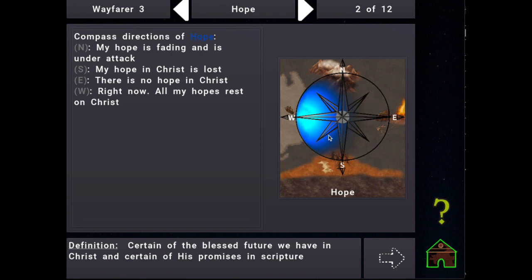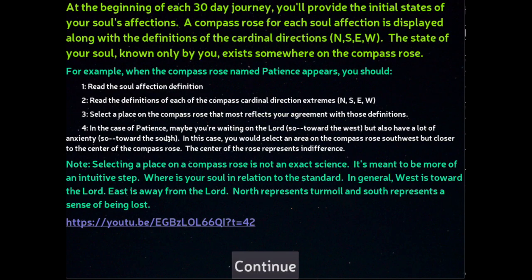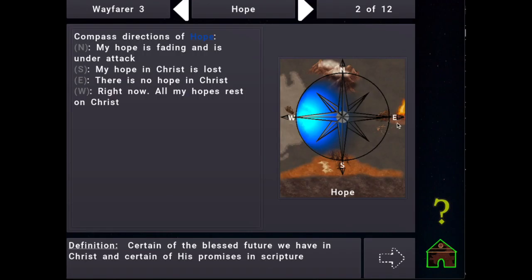west and south. The other thing about the compass rose is you can remember what the directions mean just by looking at the graphics. Let me show you here. West is toward the Lord, east is away from the Lord, and so I showed that as kind of rebellion: a little fire icon and some bones laying there.